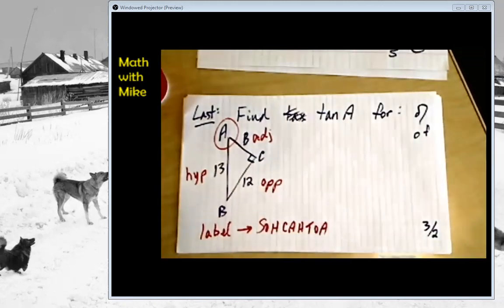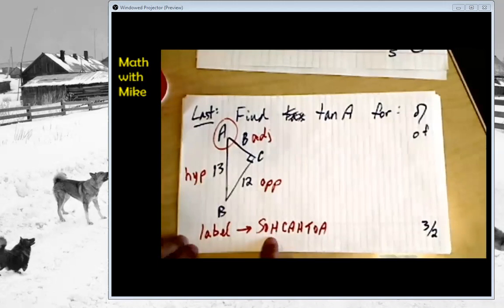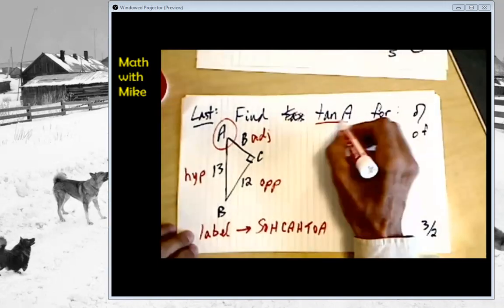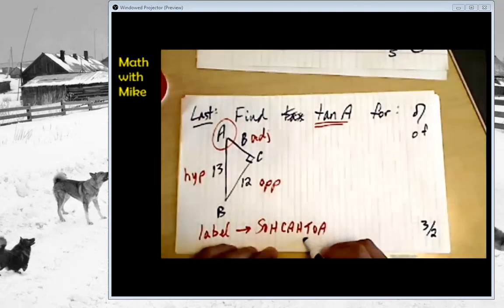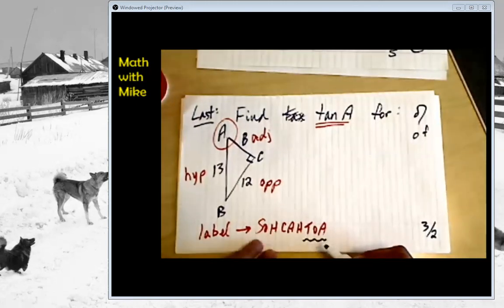That's true. Sine would be with opposite and hypotenuse, but what's the question asking? Tangent. What do we use? Pay attention. It's not sine for this one.